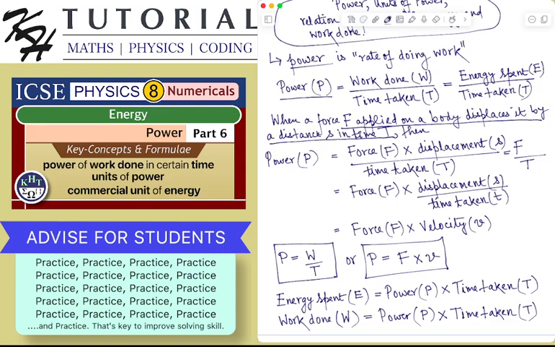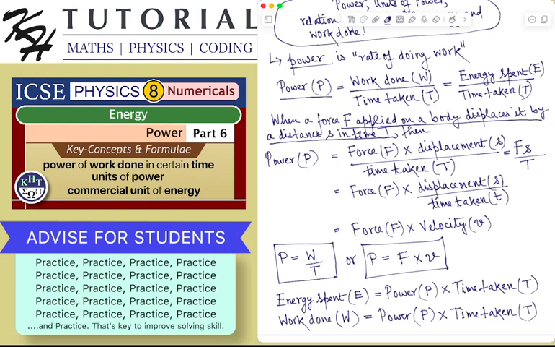So F into S divided by T, where F is the force applied, small s is the distance by which the body on which the force was applied was displaced in the direction of the force, and the capital T is the total time taken for the body to be displaced by the force F.